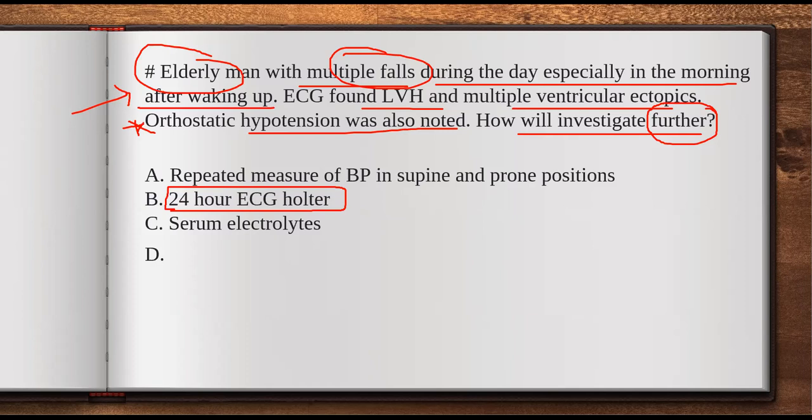If you do the Holter, you will be able to find out if there is any underlying cardiac syncopal cause. Like the patient having multiple ectopics, maybe there can be something more than that. A 24-hour Holter monitoring will record everything. Because you already found that the ECG is showing something, it's better to find out if there is anything else.